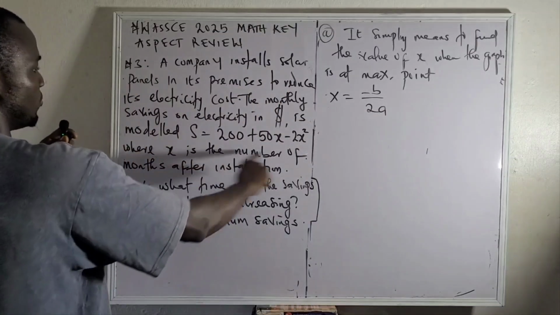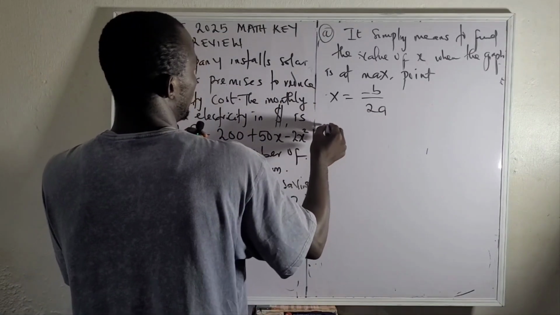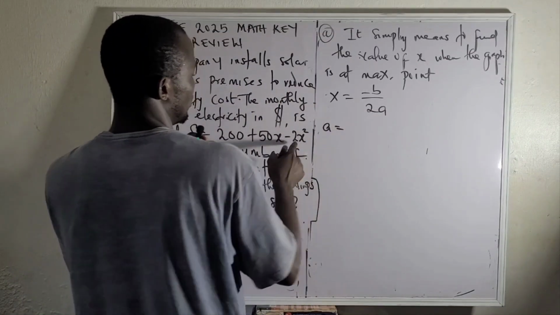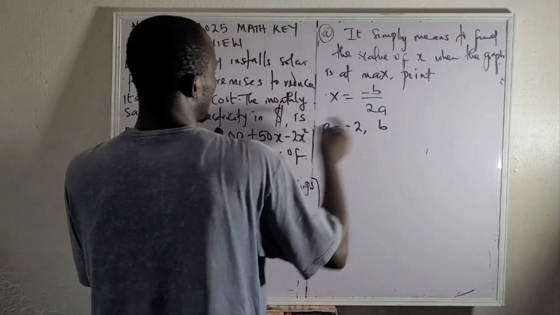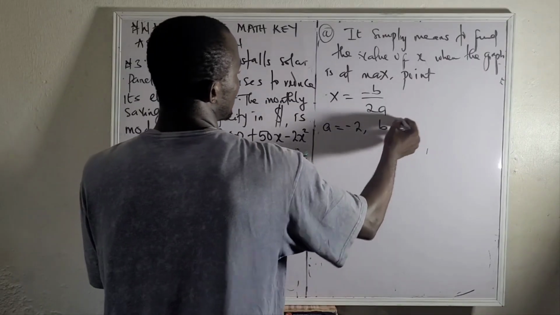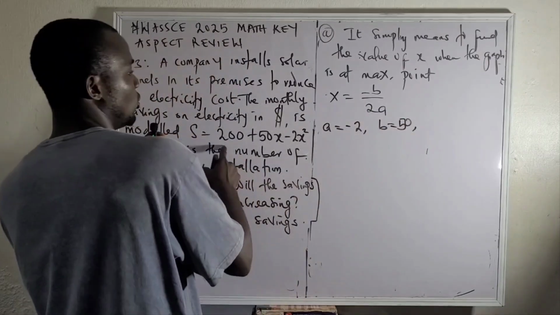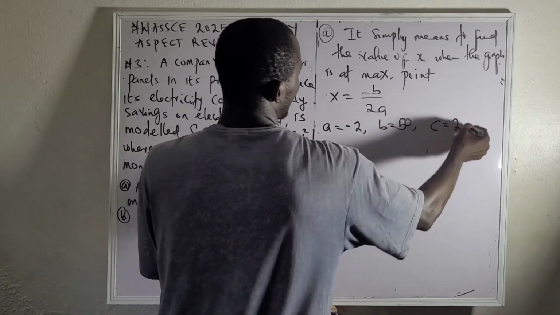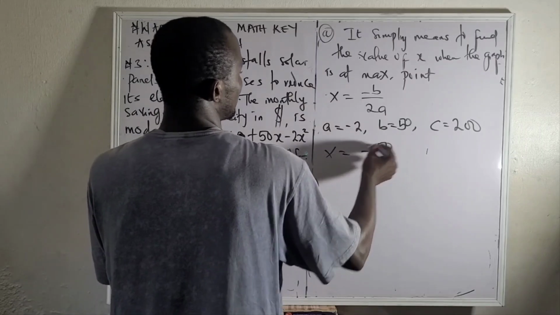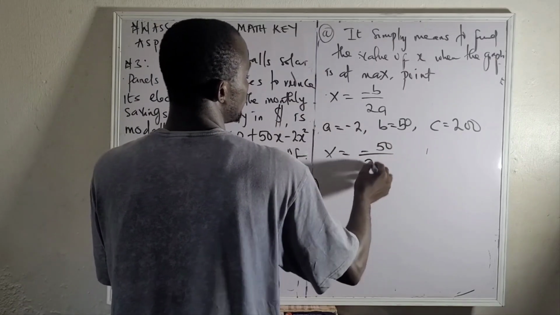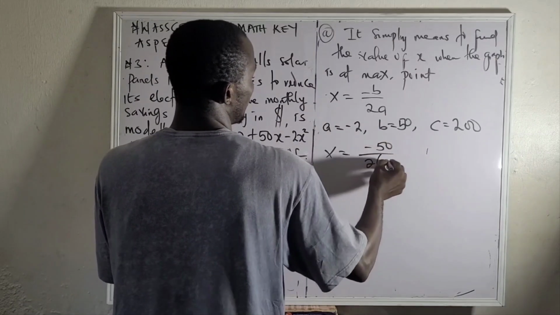Now, from this expression, your a equals the coefficient of x squared, that's minus 2. Your b equals the coefficient of x, that is 50. And your c is the constant, 200. So your x here will be minus 50 over 2 times minus 2.